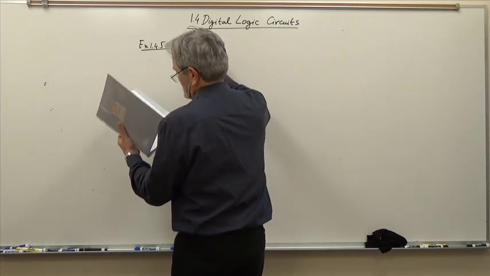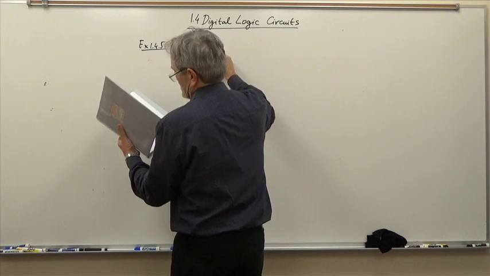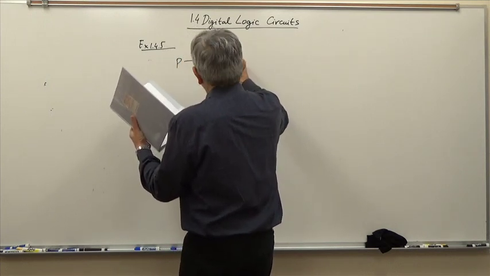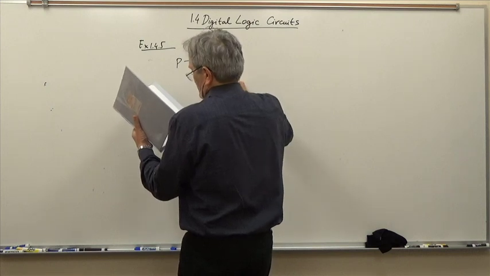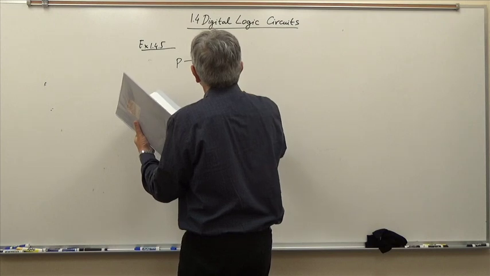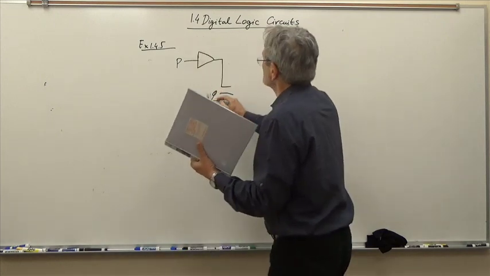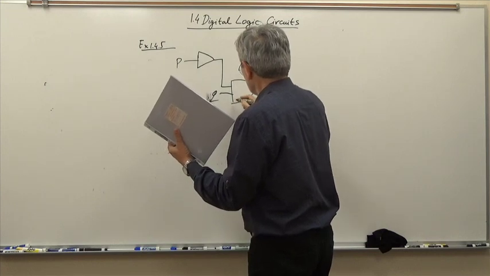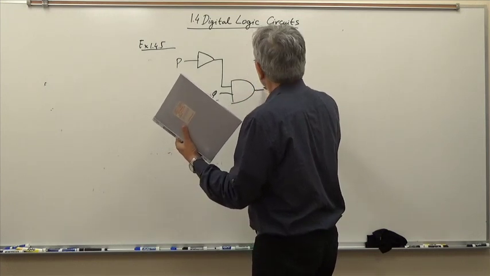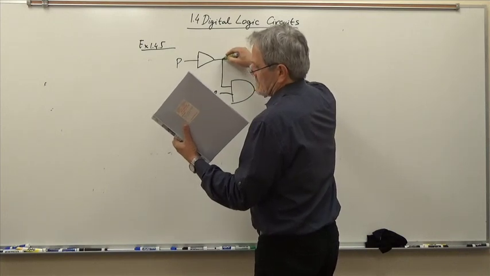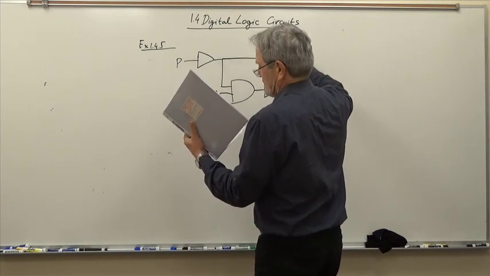Here are two circuits. So here is, P went through an inverter, and that was fed into Q as well. So here is Q. So this is the connection from P. Here is Q. Here is AND. Then there is an inverter. And then P was, not P was fed here.